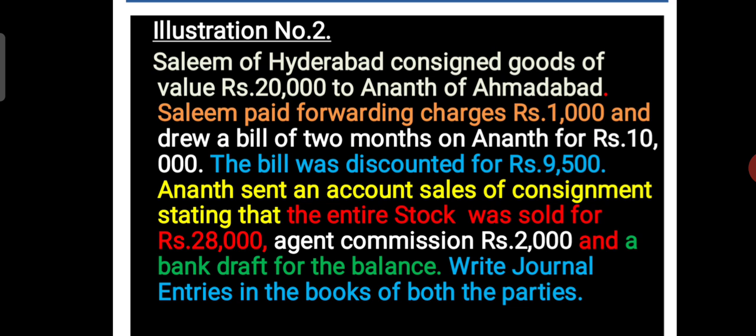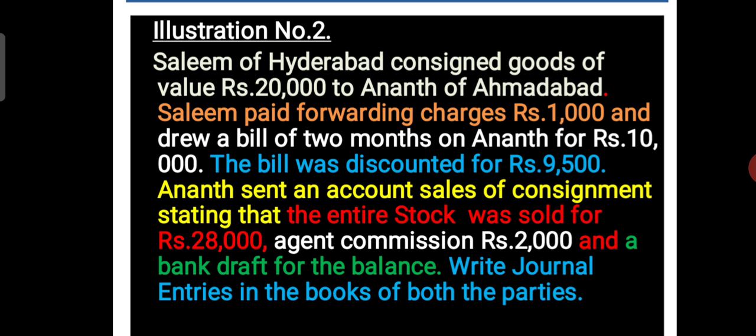Anant sent an account sales of consignment stating that the entire stock was sold for ₹28,000. So here Anant is the consignee. He prepared a statement, and that statement is called account sales, and it includes stock sold by the consignee, commission payable to the consignee, expenses made by the consignee, and due payment through bank draft details.